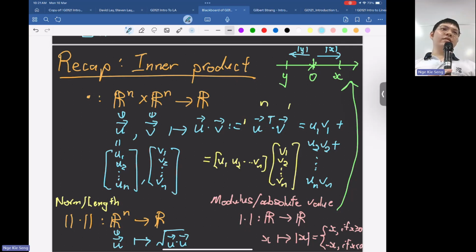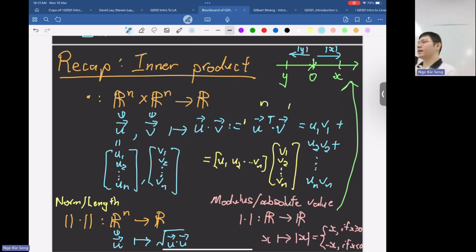Then if your distance from Sepang to Kedah is 400 km, what is the distance from Kedah to Sepang? Also 400, right? Cannot be negative 400. So it's normal that we define length to be a positive number, no matter which direction you go.